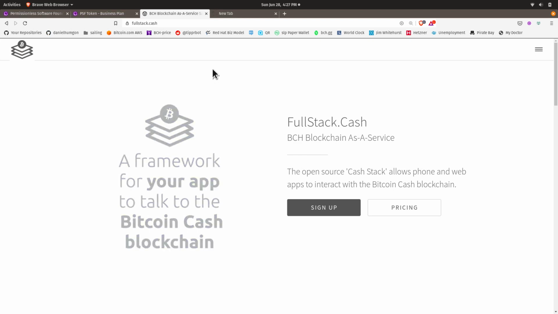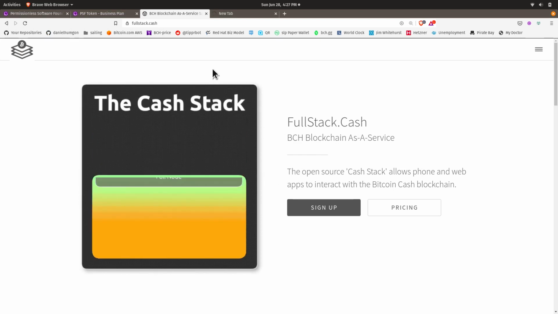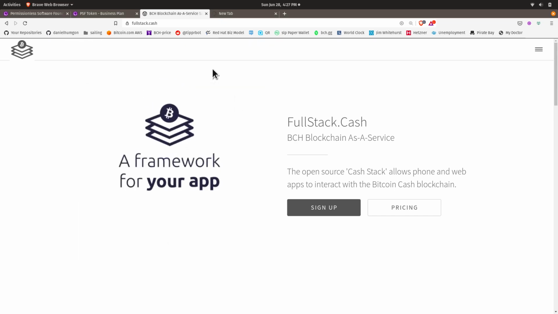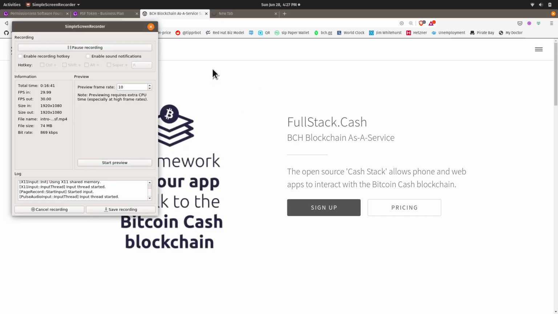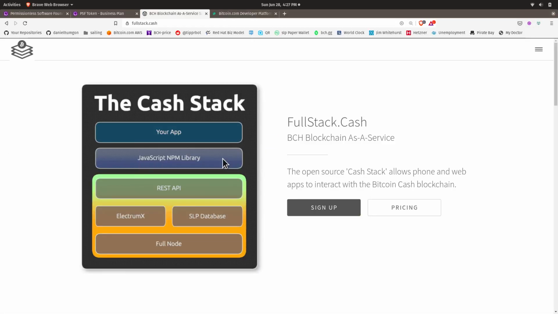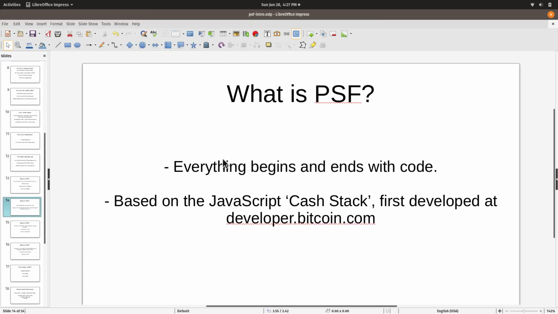For building business applications like phone apps and web apps, like wallets, and it's a way to talk to the Bitcoin Cash blockchain using standard JavaScript-based web technology. And so this idea of that stack, that software stack, it's called the cache stack. And if you go to fullstack.cash, you can read all about it. And it's a really important concept.